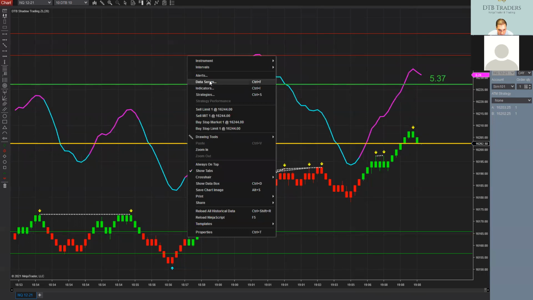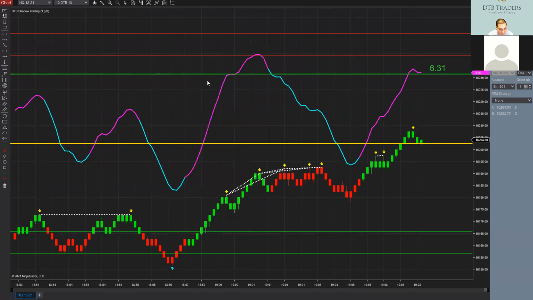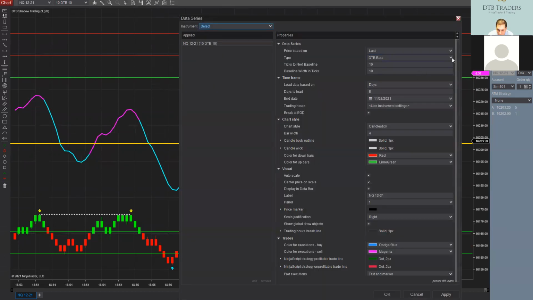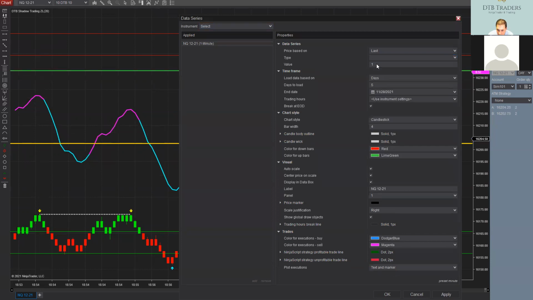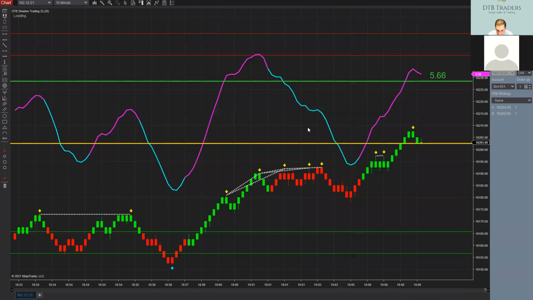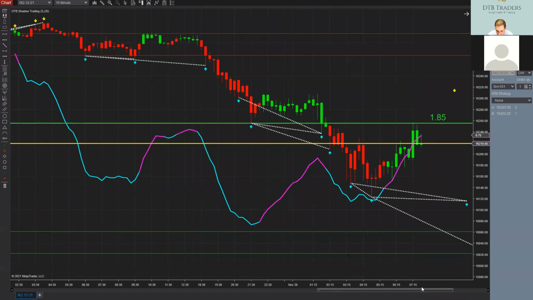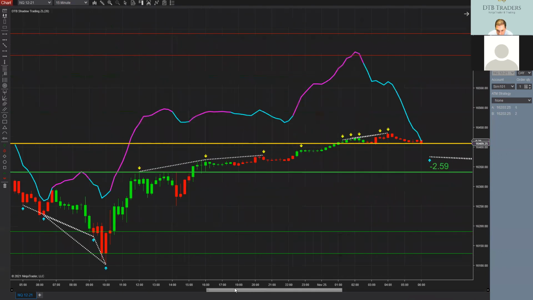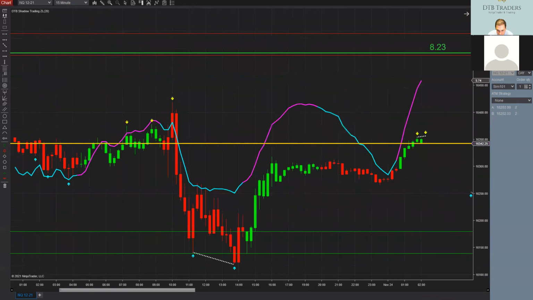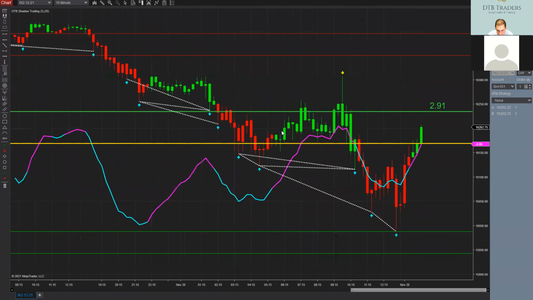It does help with a larger bar chart, and you could even use this on a minute chart. So whatever values that you are working on, you can certainly use this for that too, and that's going to show you just a good indication of who's in control of the price.